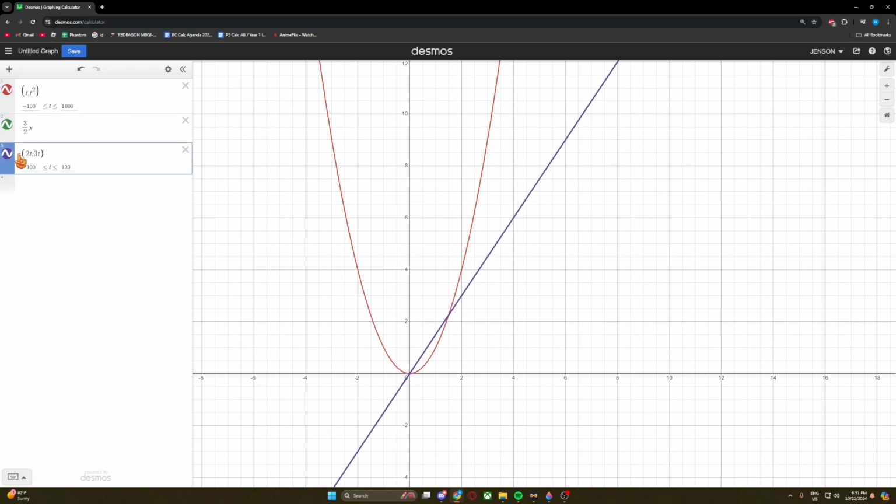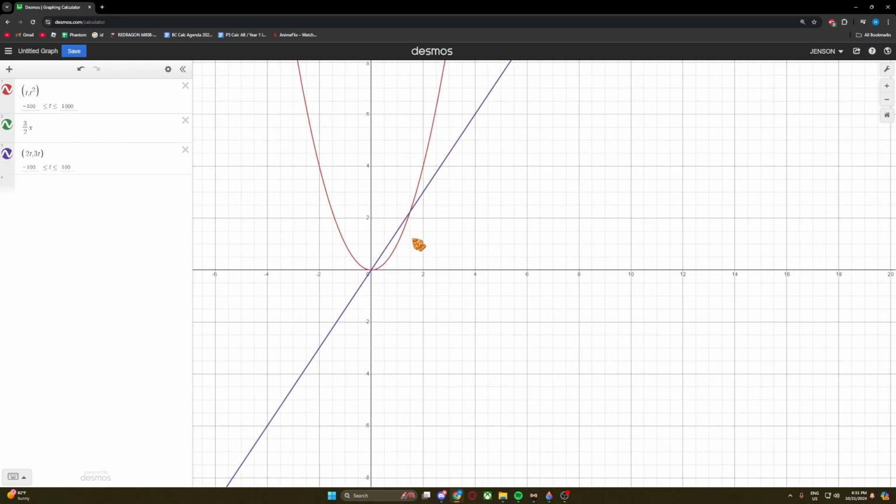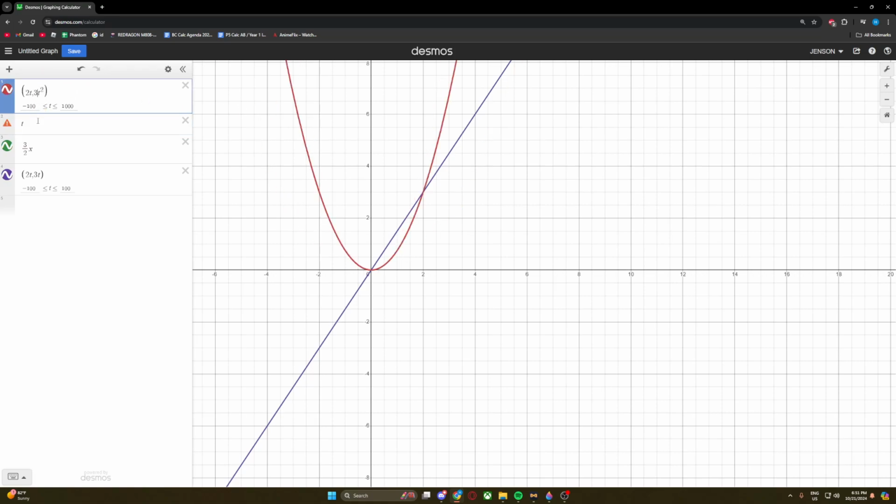So it's 3 over 2, you get 3 over 2 slope. And for t squared and t, well, it's just t squared and t. And if I put a 2 and 3 here, it'd be 2, 3, 3 over 2, x squared.